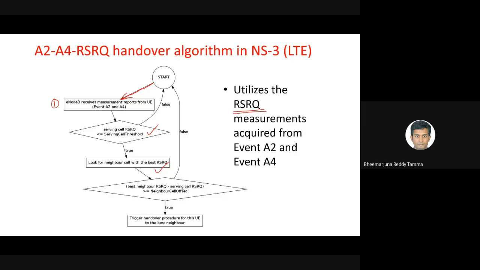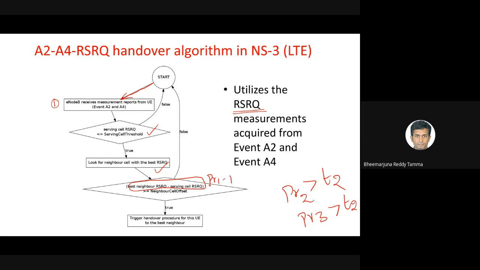And in this case, you found one neighboring cell. So let's assume that event A4 has informed about one or more neighboring cells for which that condition has been satisfied. PR2 is greater than T2 is satisfied for, let's say, two base stations or both of them. Then what you have to do? You take PR2 and PR3 one after the other and you compare with PR1 and take the difference of these two.